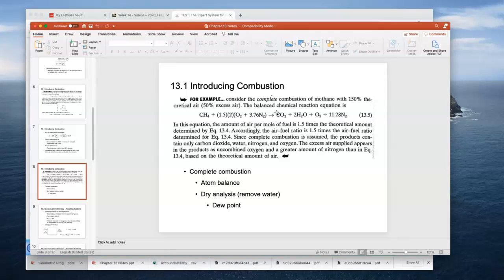In the next video, you're going to see us talking about this a little bit further and introducing what is referred to as the adiabatic flame temperature or the heats of combustion.